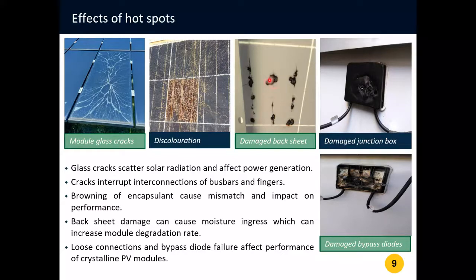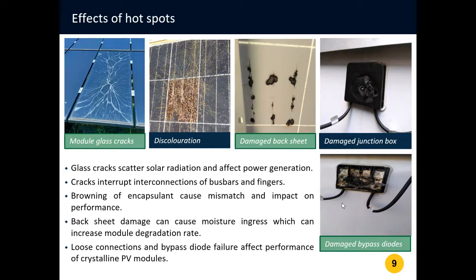This picture shows bent marks on the back sheet, indicating a damaged back sheet. This creates openings for moisture ingress, which can further degrade the module. And these two pictures show damaged junction boxes, which were caused by abnormal heating in the junction boxes.